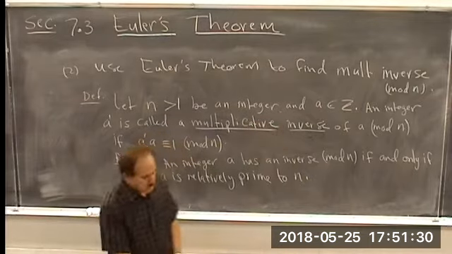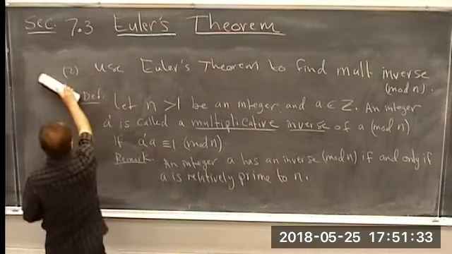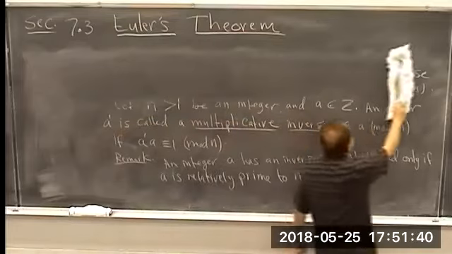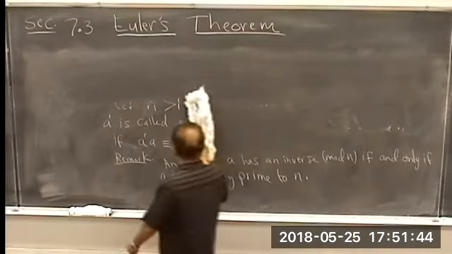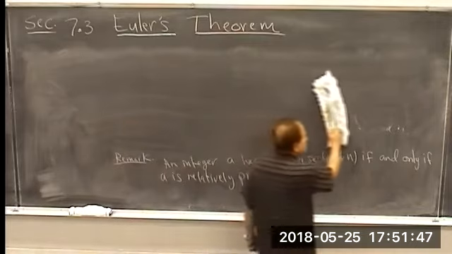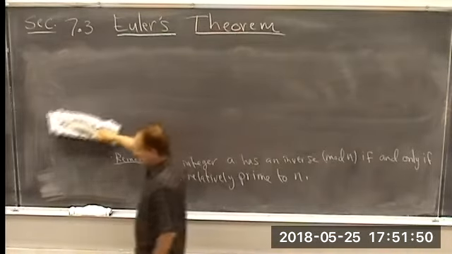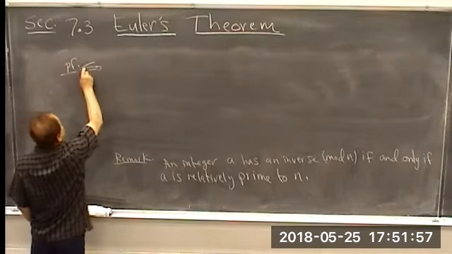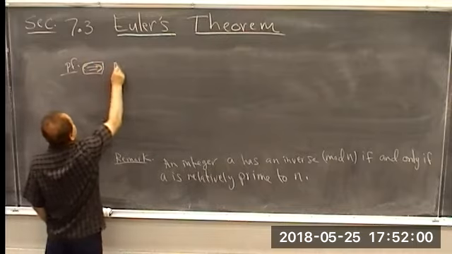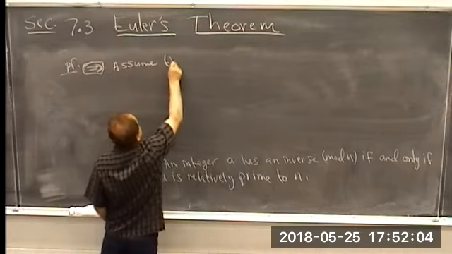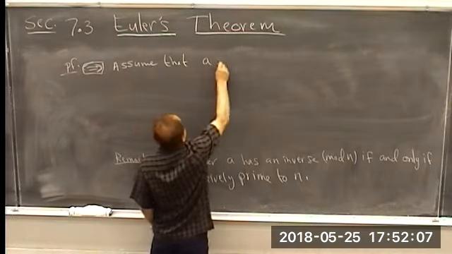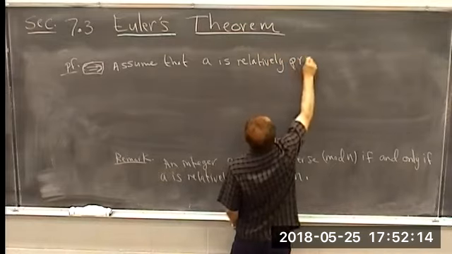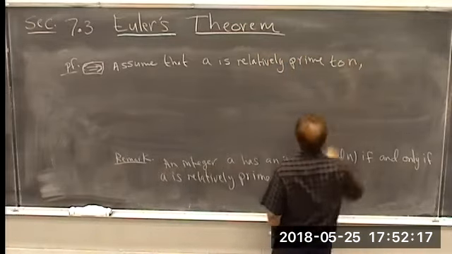All right, let's prove this. So let's assume that a is relatively prime to n.